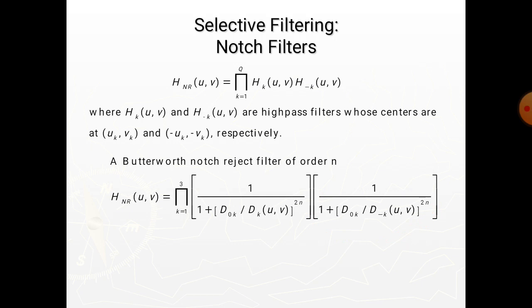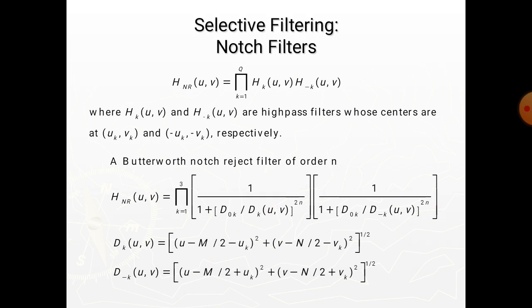Here D0k is a constant, the same for each pair of the notches, but it can be different for different pairs. So other notch reject filters are constructed in the same manner depending on the high pass filter chosen.